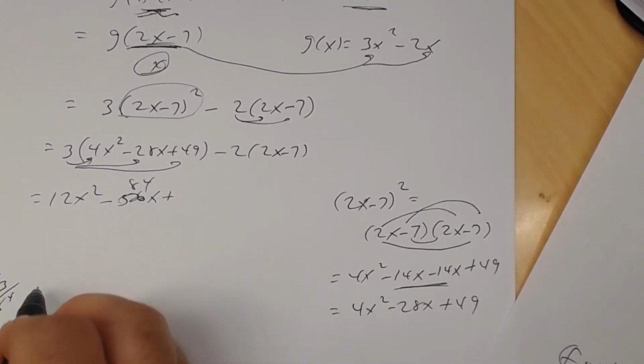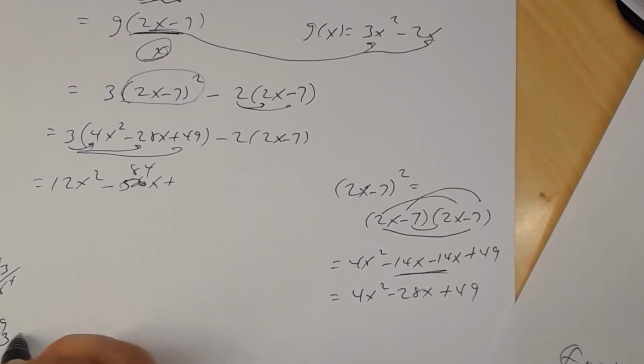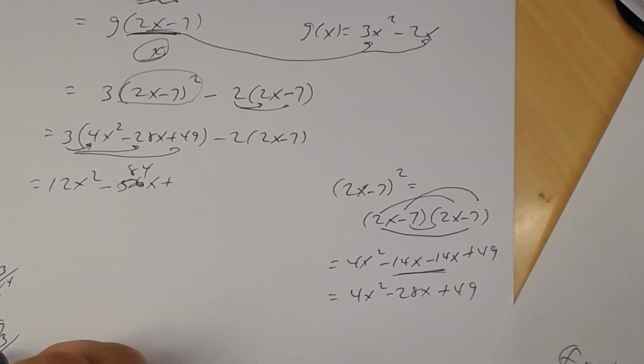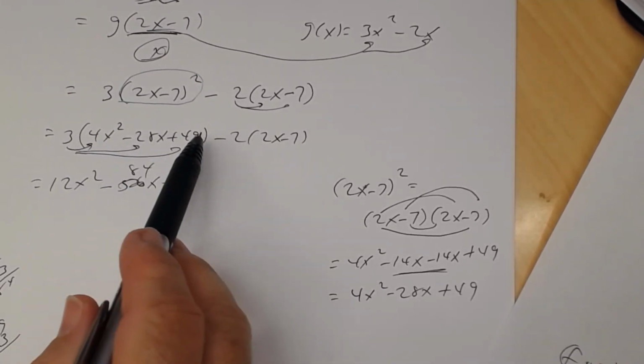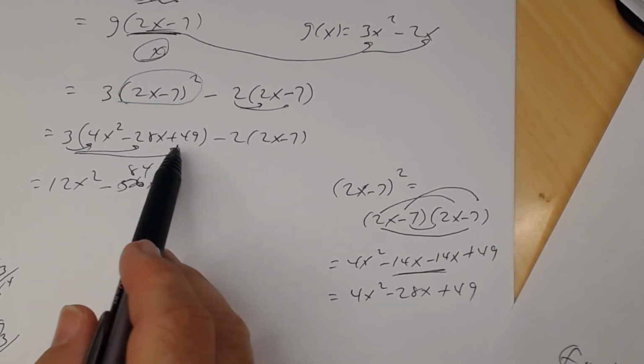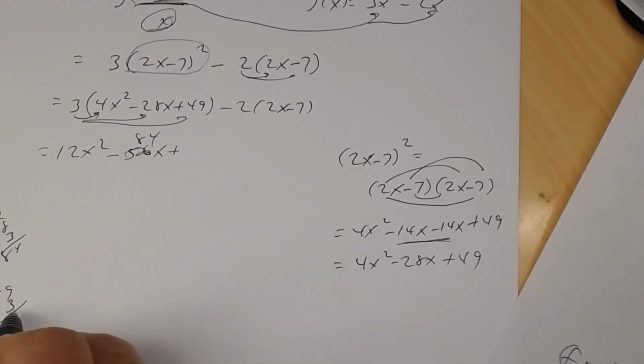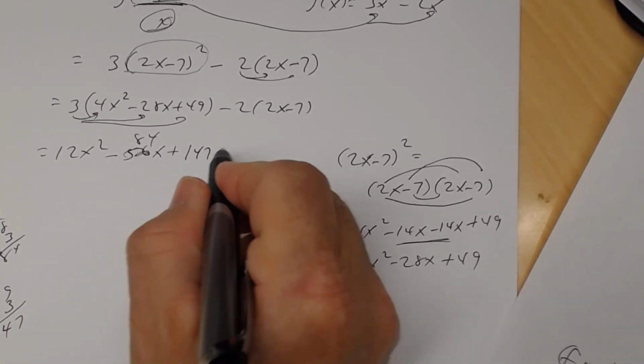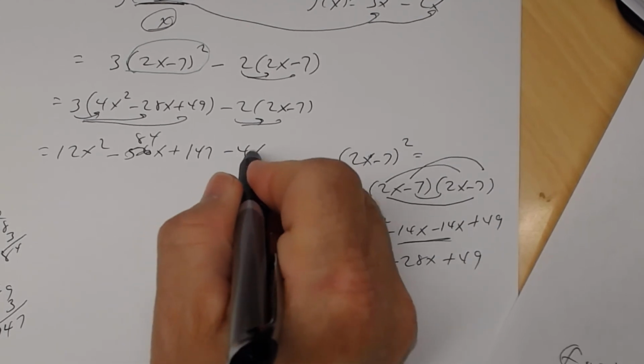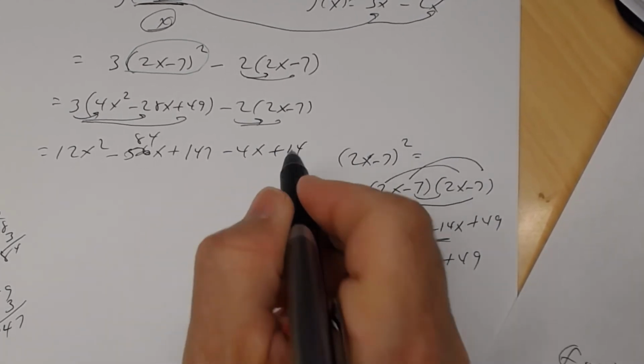I don't have a calculator, so I'm going to do it by hand. It should be 147, because if that was 50, that would be 150, and then subtract 3 would be 147. And then distribute here, you get minus 4x, and then plus 14.